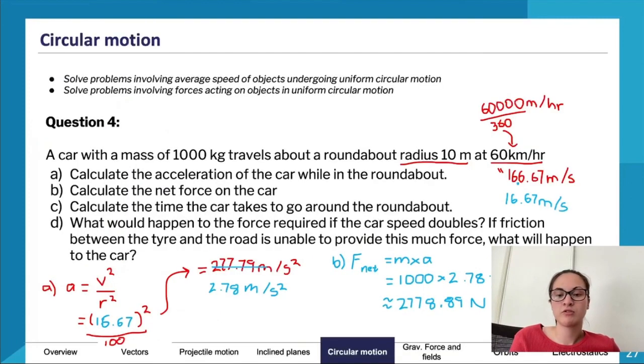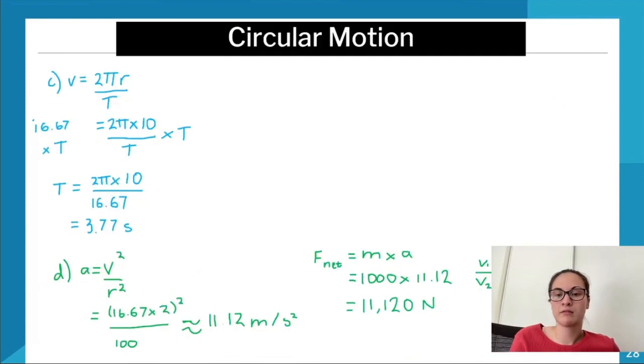So that v1 is going to be 2778.89. Yep, and then we're going to put 11,000 at the bottom. I'll just see what we end up with.